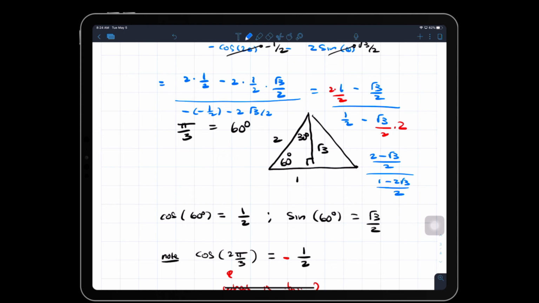And so our 2's are going to cancel. So here's the derivative here. dy/dx becomes 2 minus the square root of 3 over 1 minus 2 square root of 3.